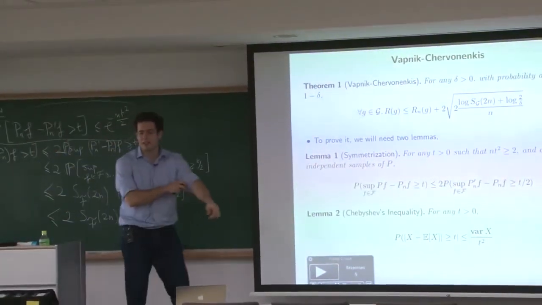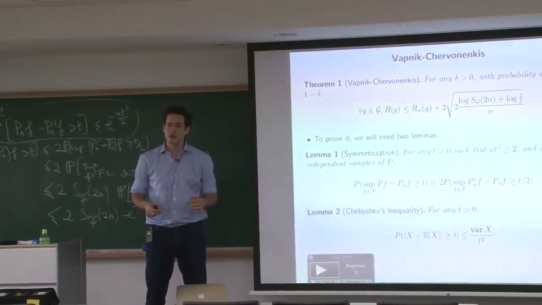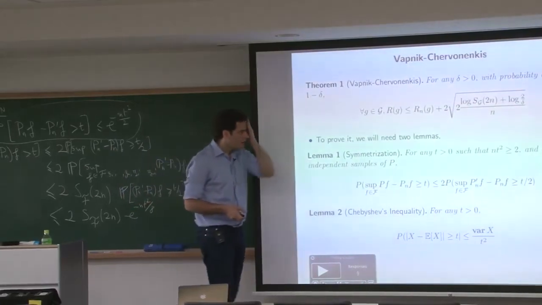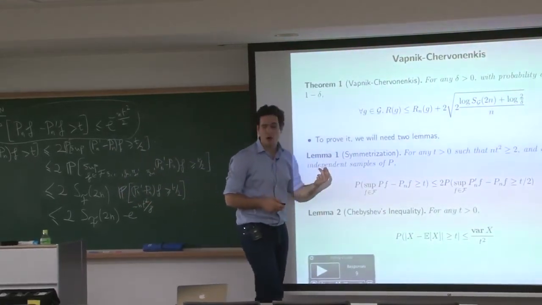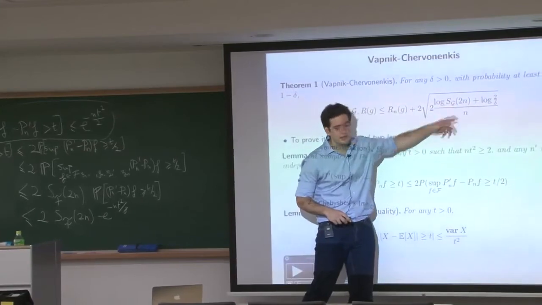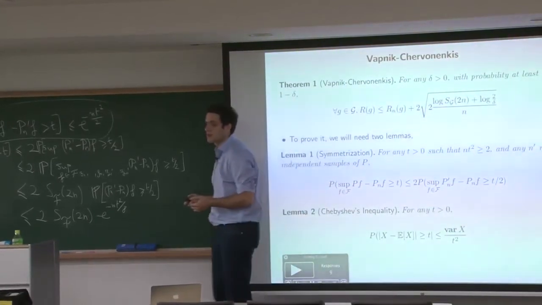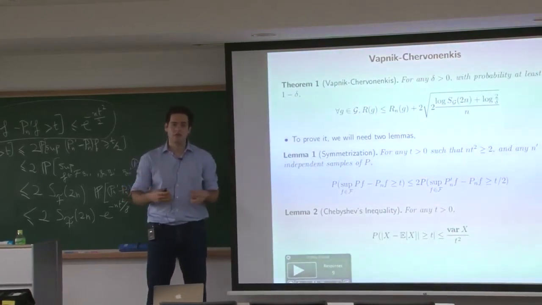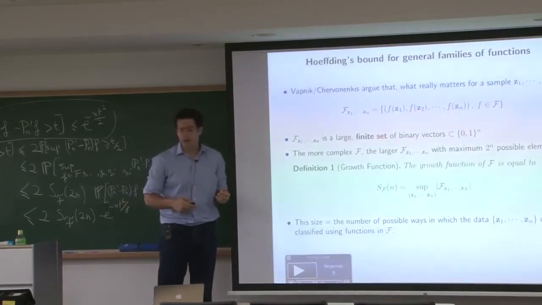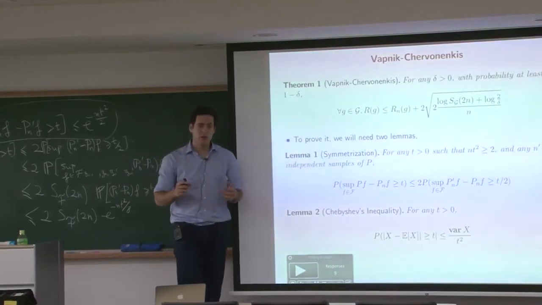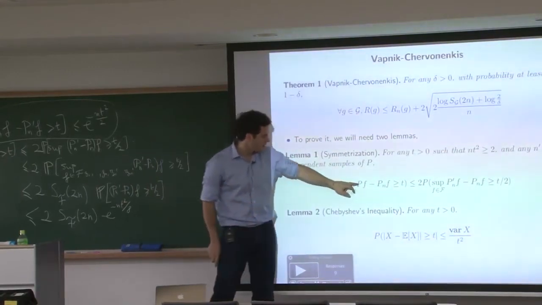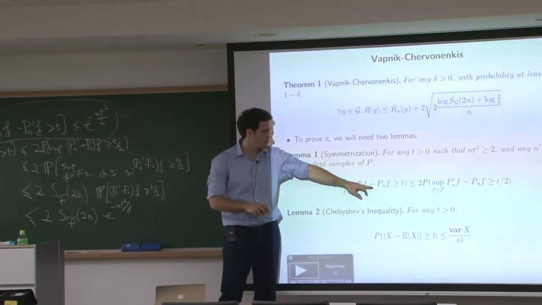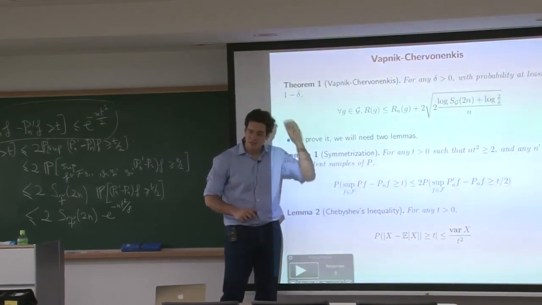I'm not sure it was the best idea to do this on the blackboard, but I just wanted to give you an idea of how you can get such results. There is a reason why there is a 2n here: to prove this, we have gone through the definition of another sample, a ghost sample, and then we've played with that ghost sample to bound the deviation between the true and the empirical risk by the deviation between two different empirical risks.